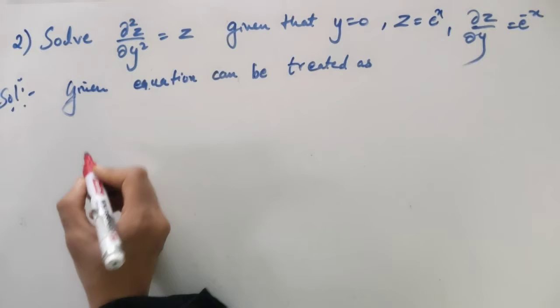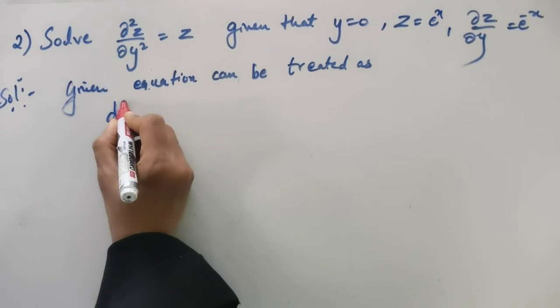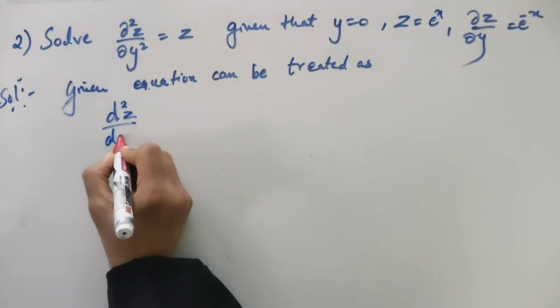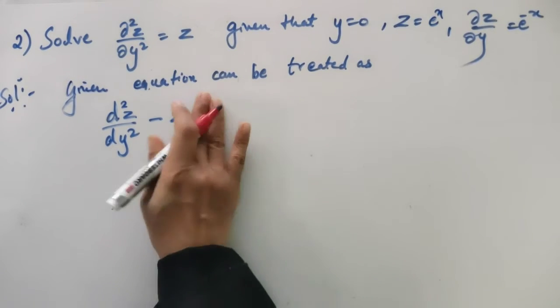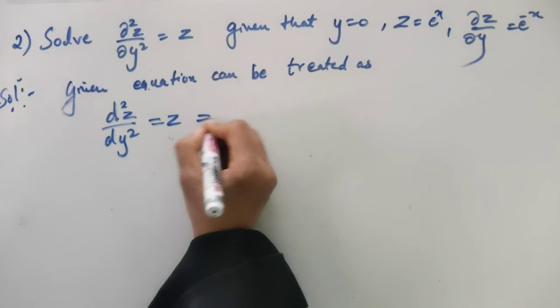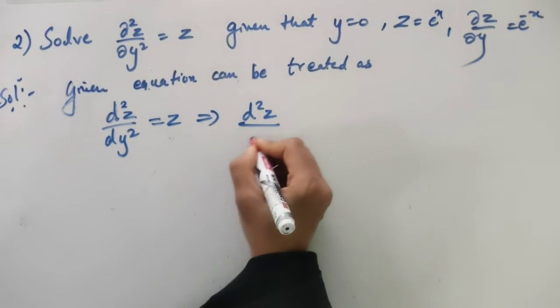So the given equation can be treated as d²z/dy² minus z is equal to 0.